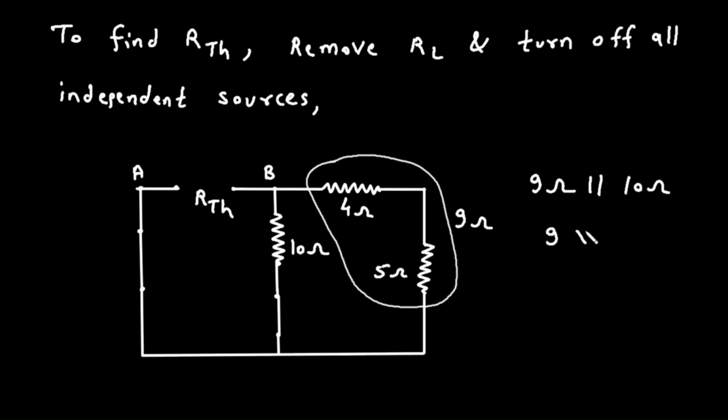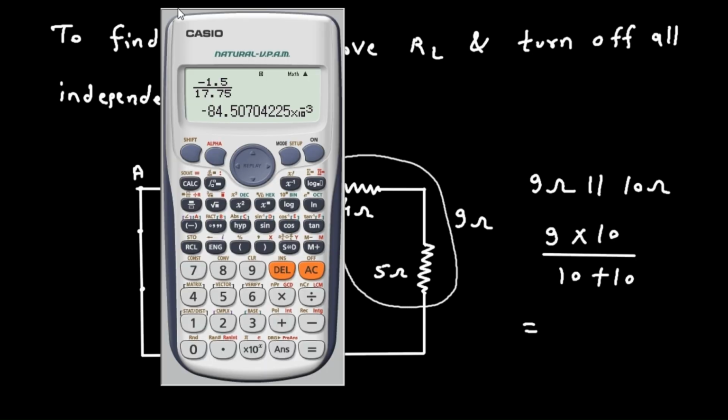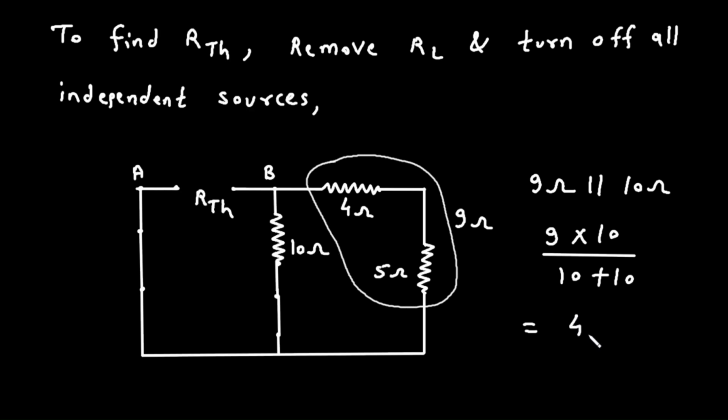It will be 9 into 10 divided by 9 plus 10. If we solve this, it is equal to 4.73. 4.73 ohm is the value of RTH.